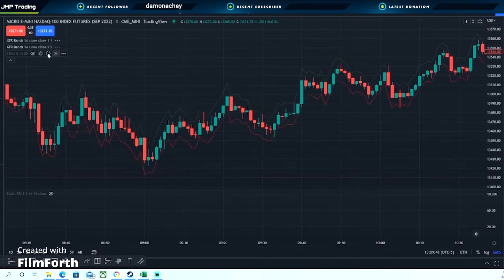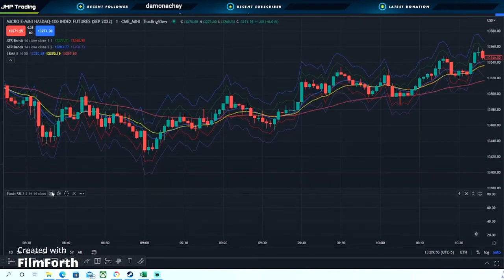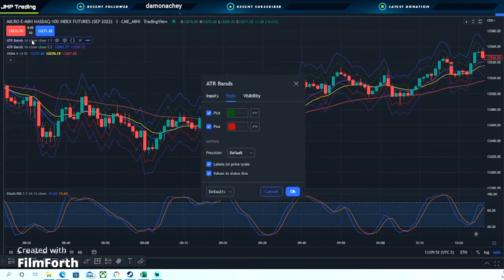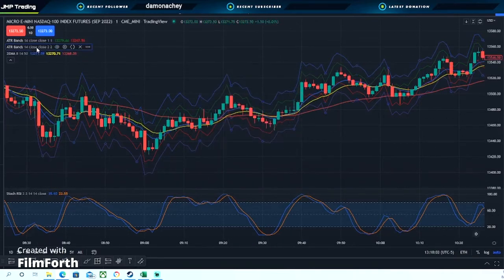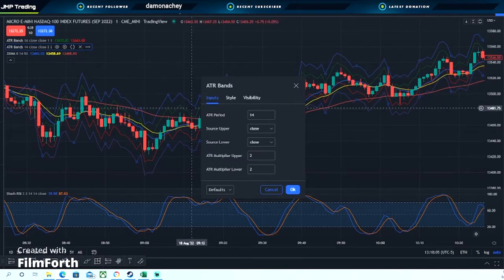So for the ATR bands, you're going to set the multiplier to 1 on both of those, on the upper and lower. And then on the second ATR bands indicator, we're going to set those multipliers to 2.